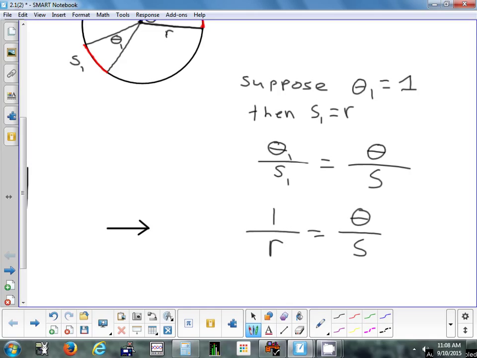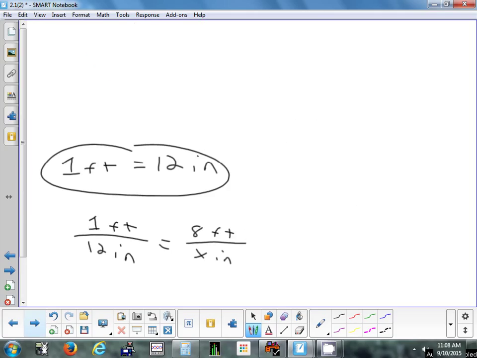Right, so all we did was take that starting fact that if we know the angle is 1, we know the arc is the same as the radius. Okay? You've got to have a starting point to figure out other things.